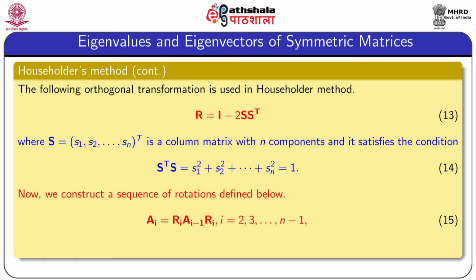Now we construct a sequence of rotations defined below. Ai equal to Ri into A(i-1) into Ri, where i equal to 2, 3 up to n minus 1.